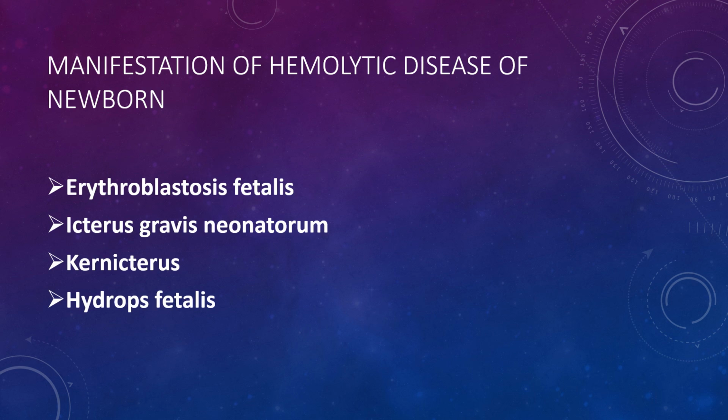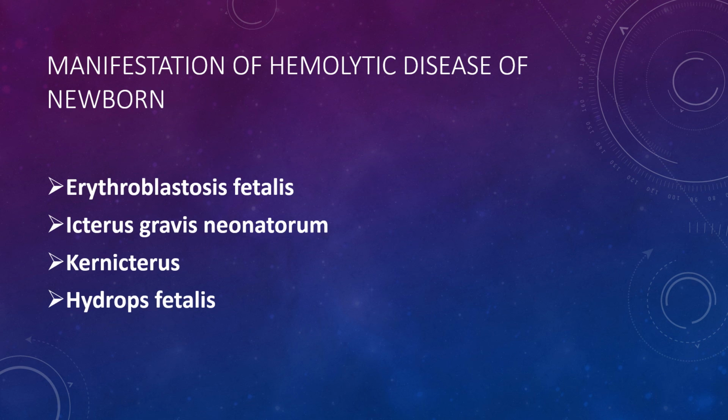The second one is Icterus gravis neonatorum. What is Icterus? You know that Icterus is nothing but jaundice, a yellowish discoloration of the skin and the mucous membrane. Here it occurs within 24 hours of birth due to excessive formation of bilirubin. Why?